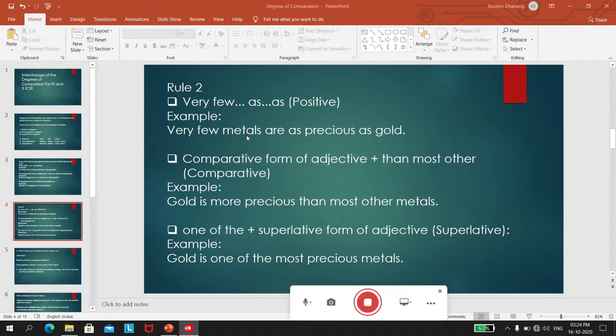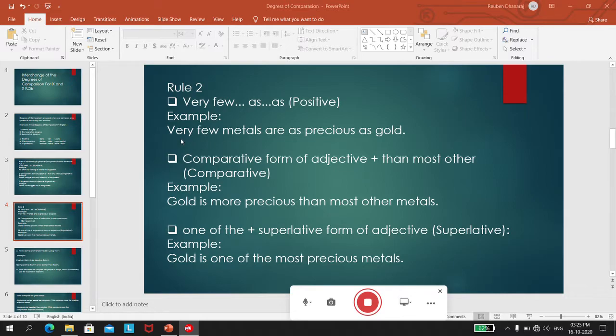I'm not talking about jewelry here, I'm talking about metals. Gold is not the only precious metal; there are also other precious metals, for example platinum, titanium, etc. There are very few metals which are as precious as gold.